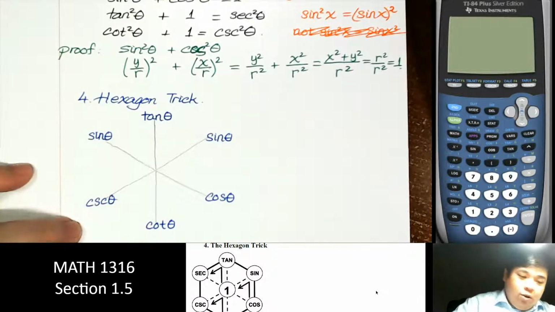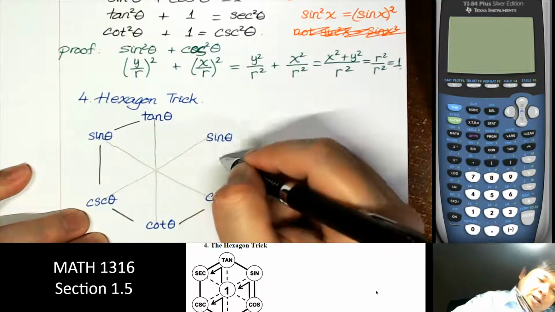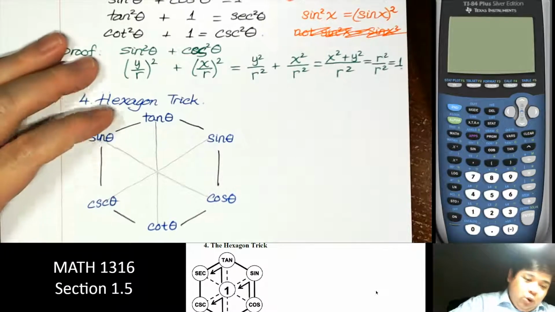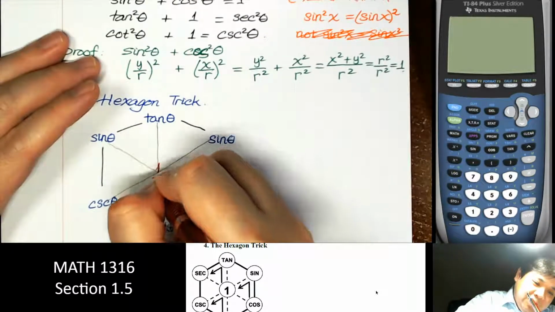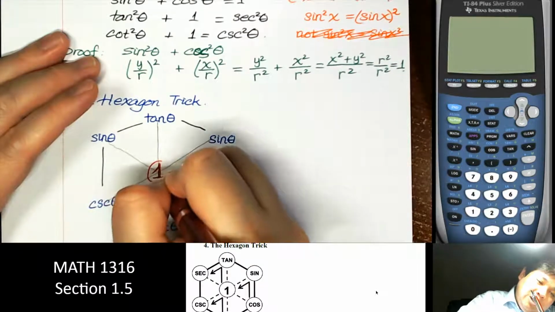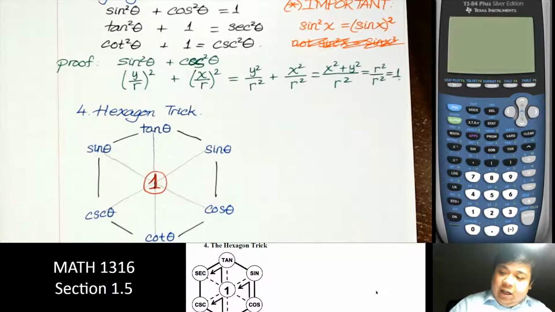So we've kind of formed the hexagon. In the middle, put 1. And after that, draw this pattern.